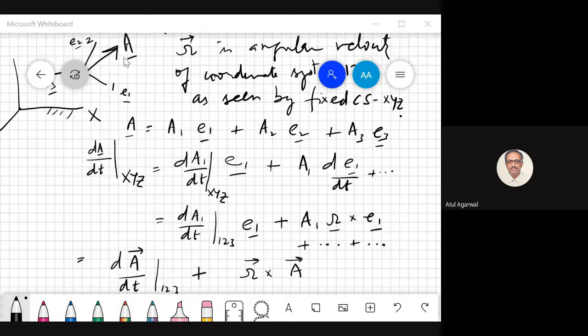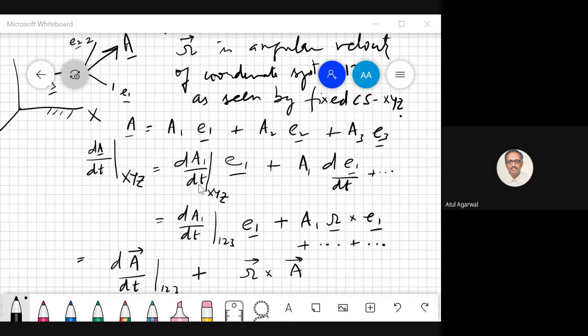That vector A can be represented as components and the unit vectors. Then you want the time derivative with this fixed system. Then you do the product rule of differentiation. Now A1 is a scalar and you are measuring it in this small 1, 2, 3 system. So a scalar is the same whatever the coordinate system.